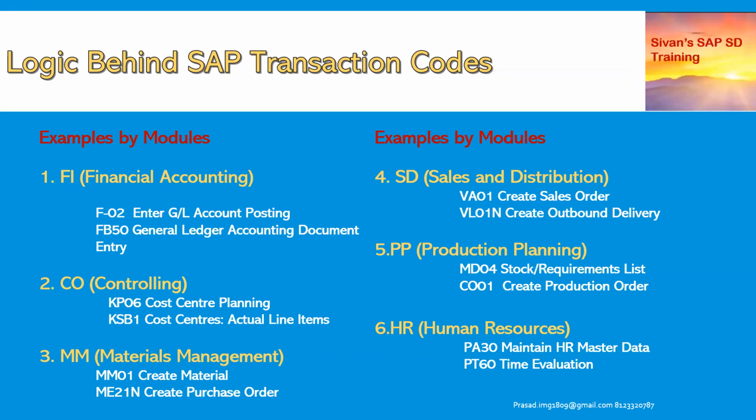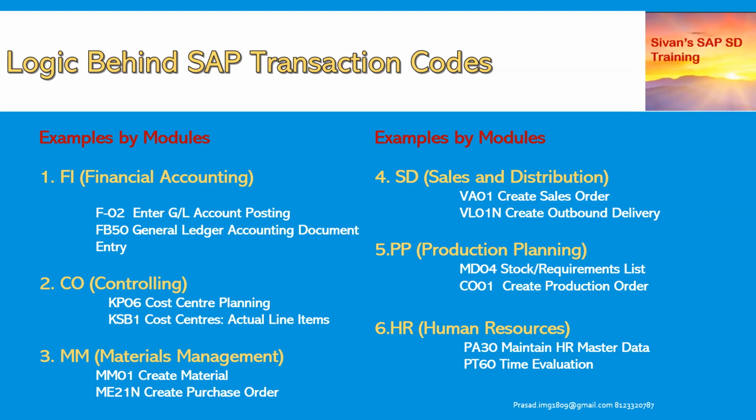You can see examples by modules. FI, financial accounting: F-02, FB50 for GL account posting, general ledger account accounting document entry. CO, controlling: KP06, cost center planning, KSB1, cost centers. MM, materials management: MM01 to create material master data, ME21N to create a purchase order.